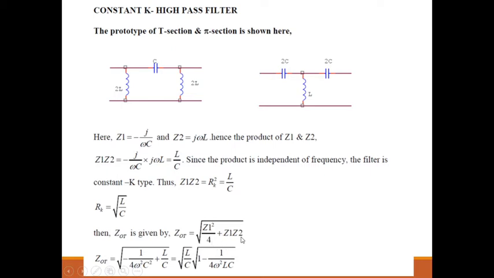We substitute the values of Z1 and Z2. Z1 here is minus j divided by omega C. We square it and take L by C common, and it remains the same.